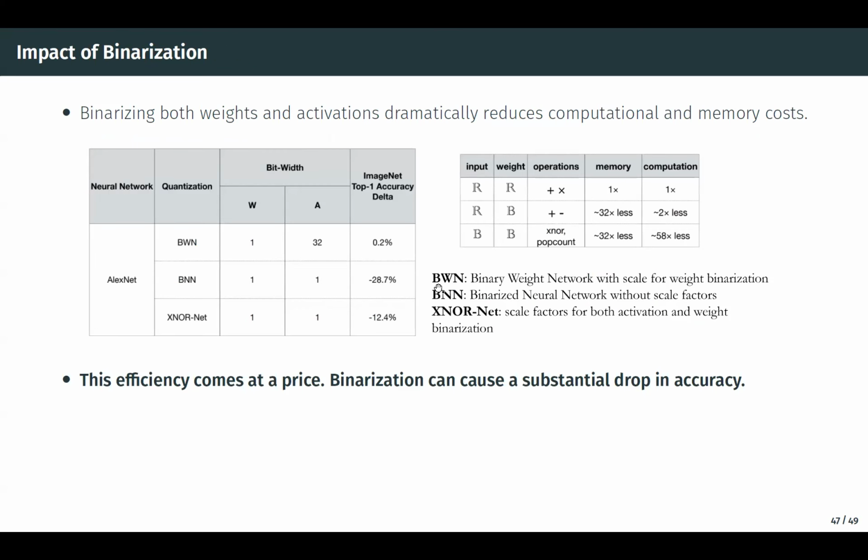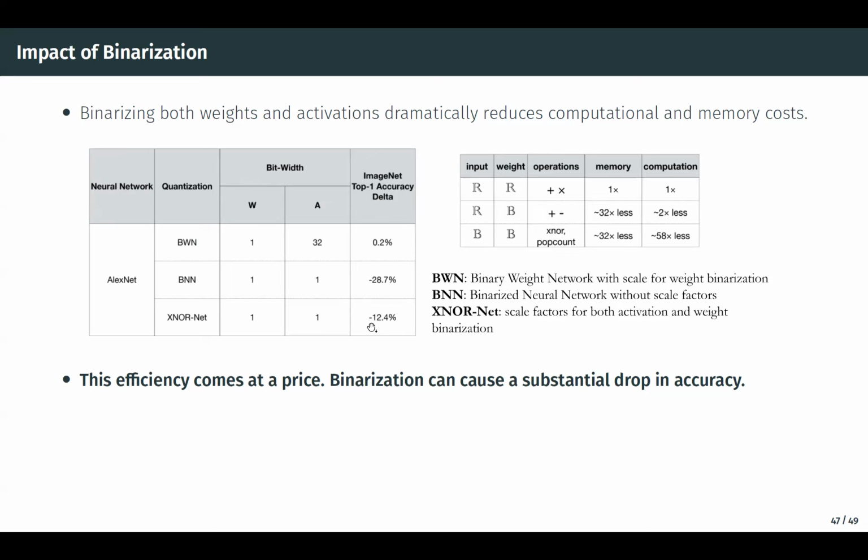For example, these are some of the binary quantization techniques. These are published works where we quantize only the weights to 1 bit, and here they preserve the activation at 32 bits. They lose accuracy by this. And if you quantize both the weights and activation to 1 bit, you see how much you lose.